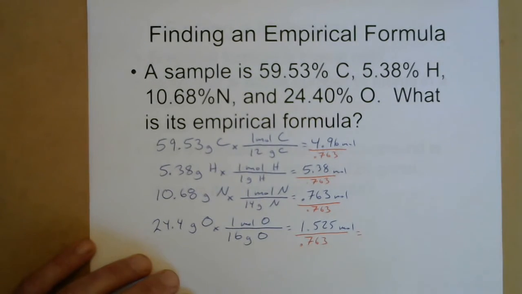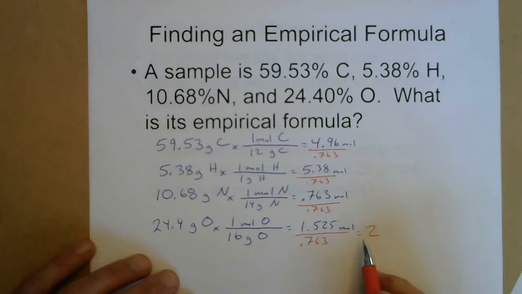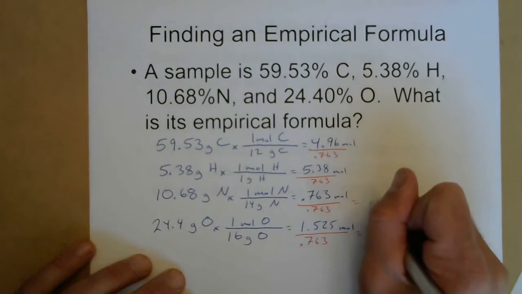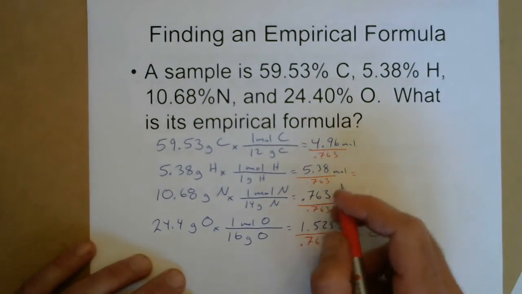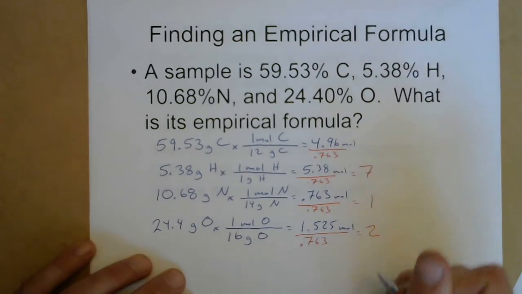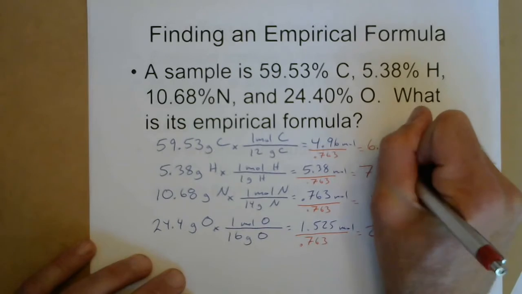And so this one comes out to be 2. Or if it comes out to be 1.99, that's fine. You can round that to 2, or 2.01. You can round that to 2 as well. This comes out to be 1. For the hydrogens, it comes out to be 7. And for the carbons, it comes out to be 6.5.